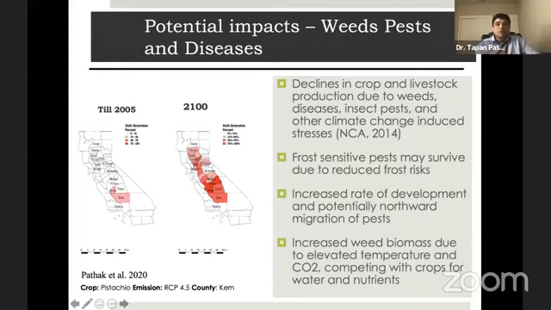I mentioned impacts on weeds, pests, and diseases. One of the major pests for nut crops in California is navel orangeworm. You see two slides, where one shows only 2 counties in a red color, which shows that in the historical years, only 2 counties might have experienced pest infestation to the 5th or 6th generation, but into the future, the entire area might experience pest infestation and have significant damage to the crop.